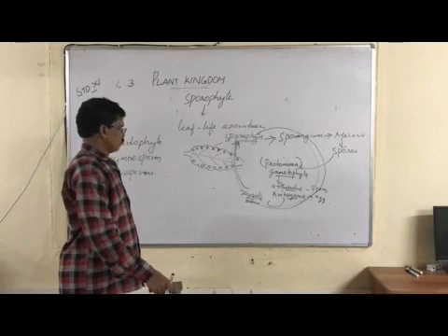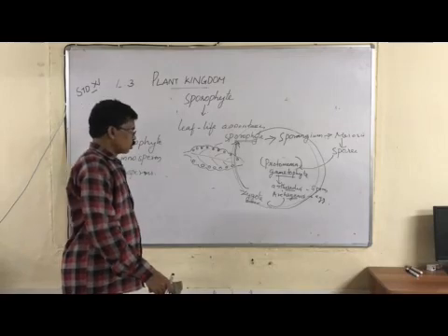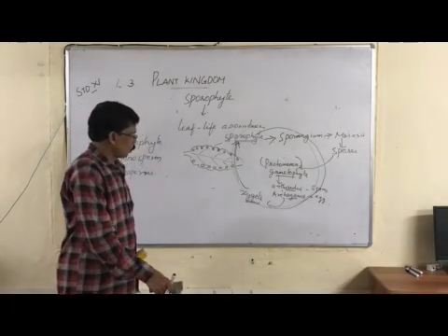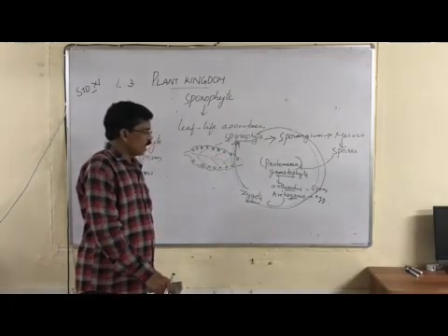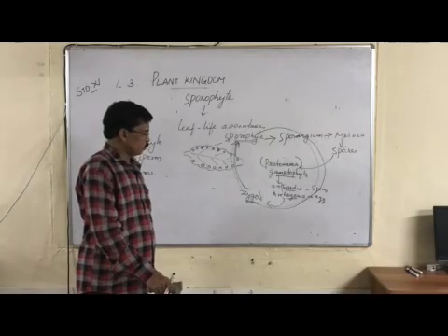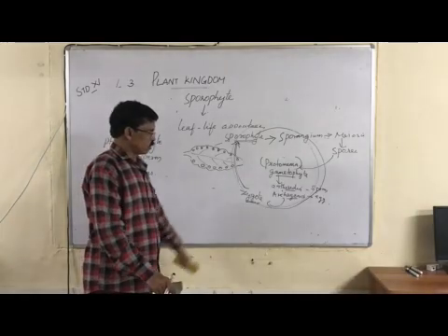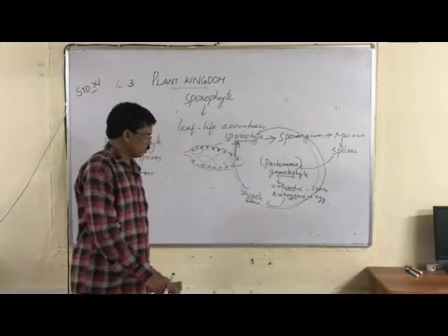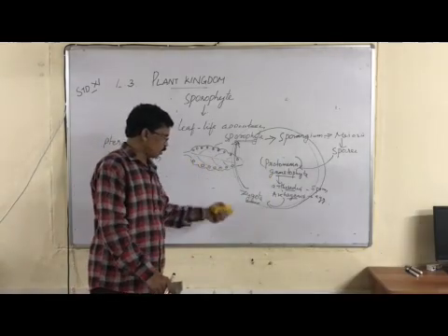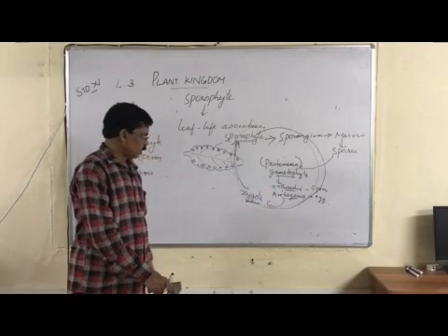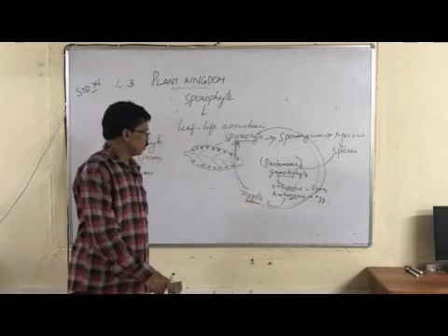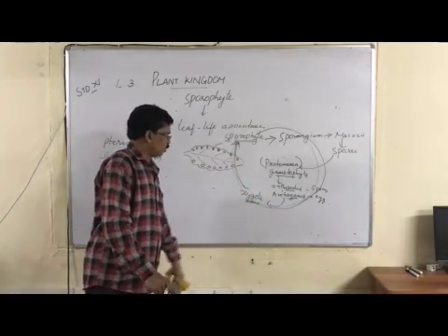For the first time, the plant body is a sporophyte. The sporophyte produces sporophyll leaves that possess sporangium. Inside the sporangium, meiosis takes place. Spores are formed. Spores germinate to protonema, that is the gametophyte. The gametophyte bears antheridia, and from that the zygote is formed. The zygote again germinates to form the sporophyte.